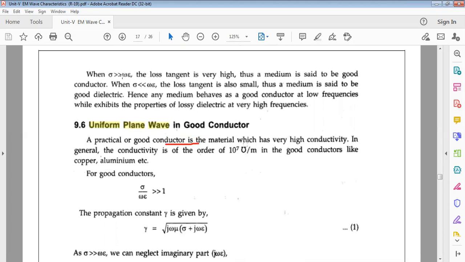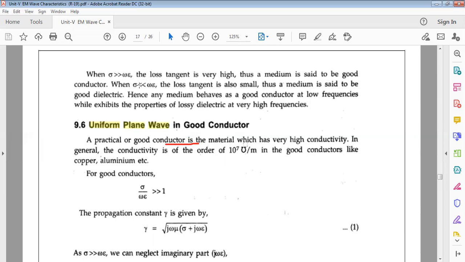Where sigma is very much greater than omega epsilon, the loss tangent is very high. Thus, the medium is said to be a good conductor. When sigma is very much less than omega epsilon, the loss tangent is very small. Thus, the medium is said to be a good dielectric.